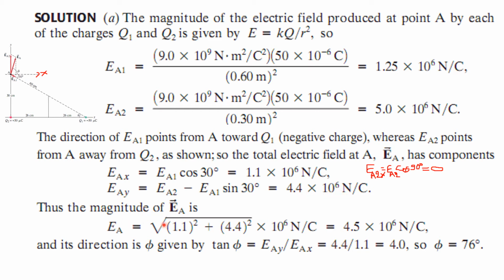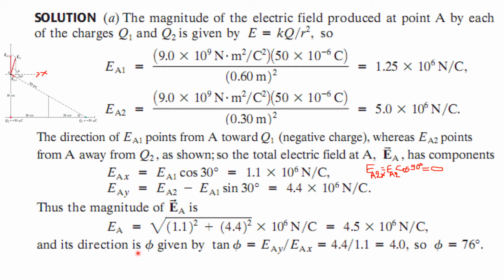In a similar way to the previous questions, the magnitude of this vector electric field on charge at point A is equal to the square root of x component squared plus y component squared, which is equal to 4.5 times 10 to the power 6 Newton per Coulomb.